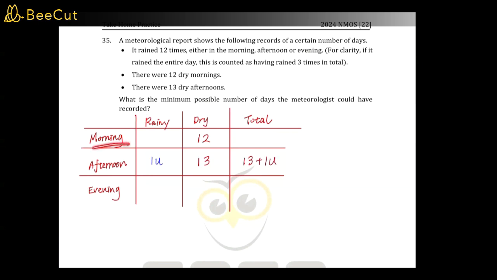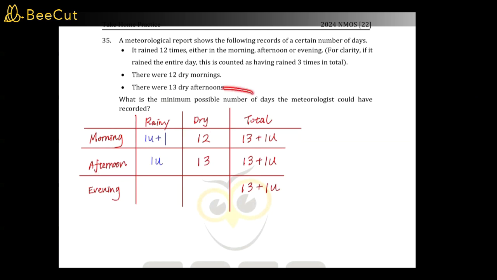So total number of mornings equals to total number of afternoons. This 13 plus 1U. From there, we work out that part of it is 12. The other one will be 1U plus 1. So 1U plus 1 plus 12 equals to 13 plus 1U. So for the evening, this is also 13 plus 1U.